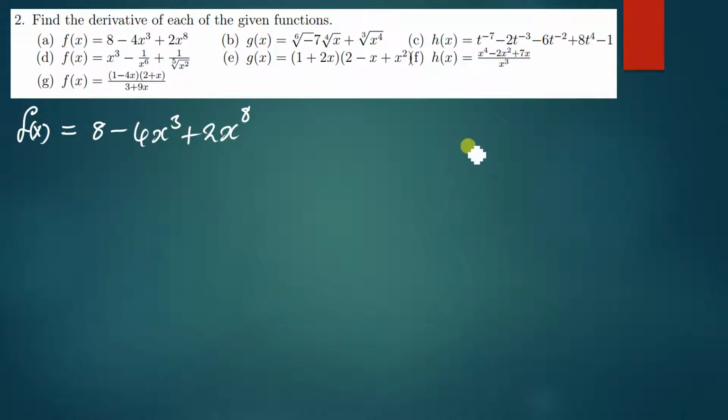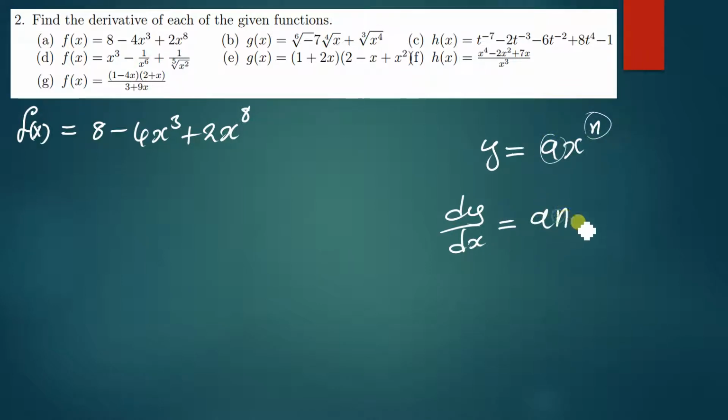So the power rule, if you have, let's say for instance, y is equal to ax to the power n, the power rule states that dy/dx is equal to, you multiply n and a, so that you have a n, and then you write this x there.